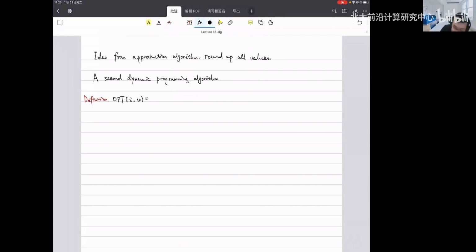Here the definition of OPT(i, v) is that we are going to talk about the min weight subset of items 1, 2, until i that use value exactly v.